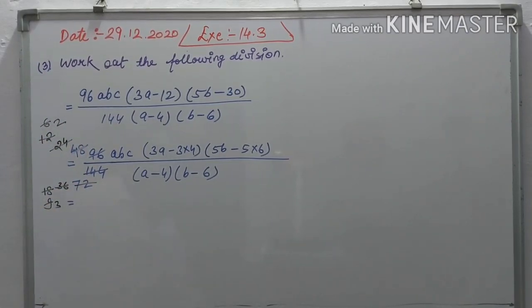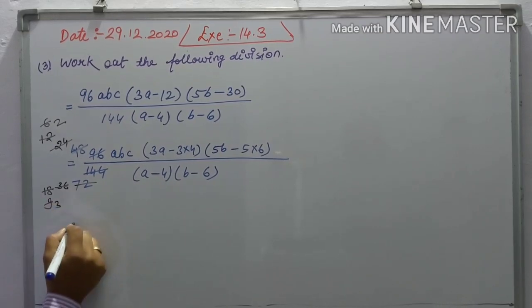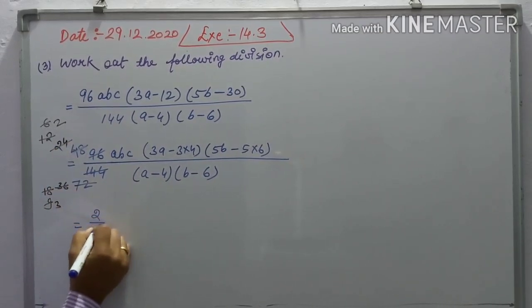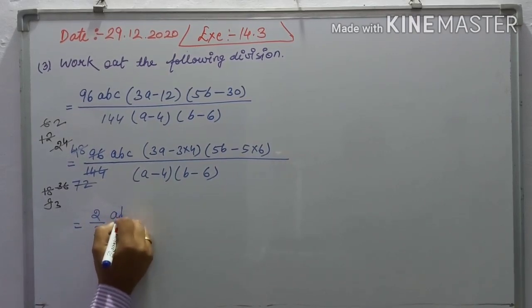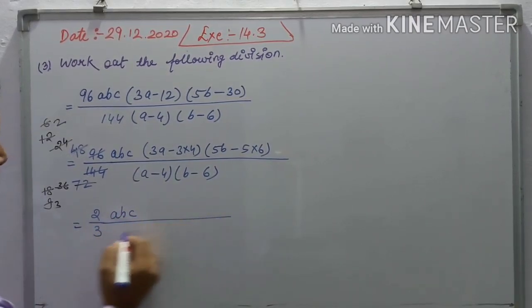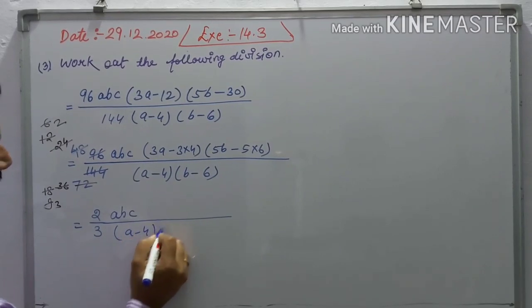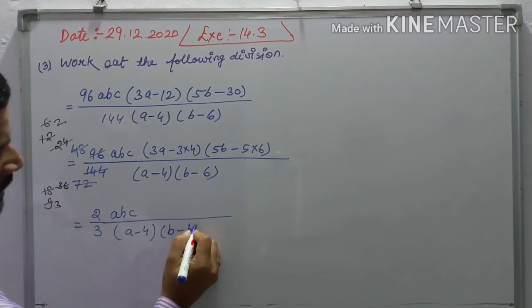So after cancellation the value is finally 2 upon 3, and abc is over a minus 4 and b minus 6.